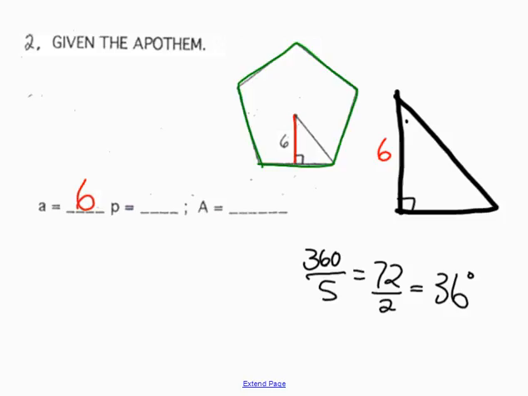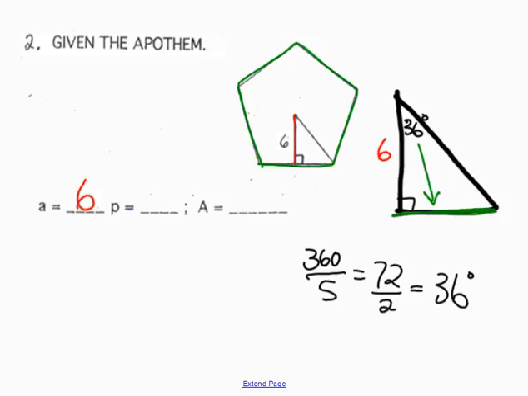You're going to know this just automatically very soon. So this angle is 36 degrees. So now I can figure out that opposite side, right down here. I need that much so that I can figure out the perimeter of this pentagon.